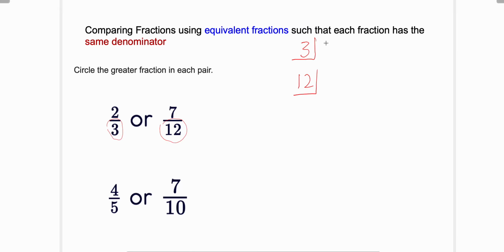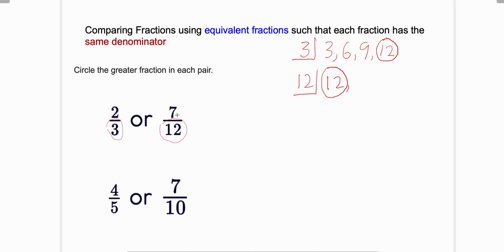So 3, 6, 9, 12. Wait a minute. 12? Oh, it's already right here. So 12. Okay. So this is my least common multiple. This is my lowest common denominator that I'm going to use, 12.